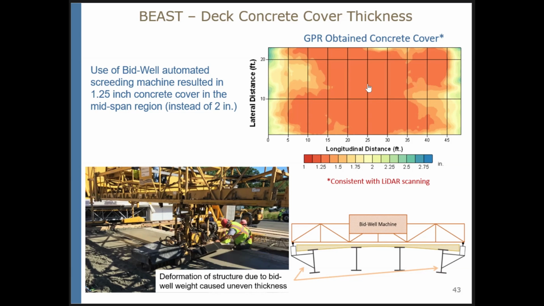And in the middle section, approximately the middle 20 feet, it was about 1 inch, maybe 1.25 inches. And this showed up in the results, that it was the main driver of deterioration.